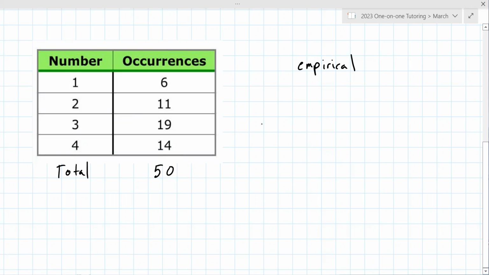I can ask you the probability of getting a 1. The probability of getting a 1 is what you want over the total. When I say want, it's the thing that you care about. There were six ones over 50.